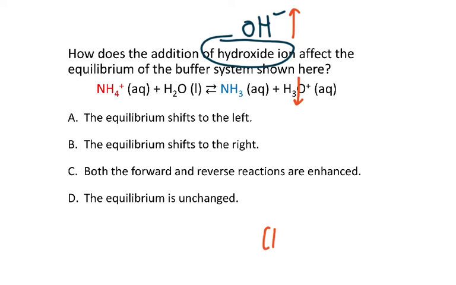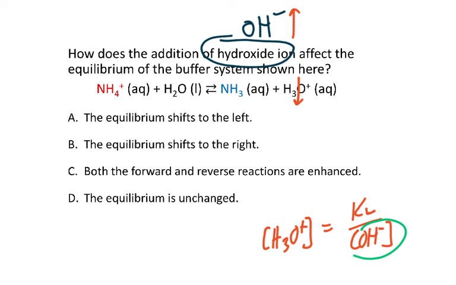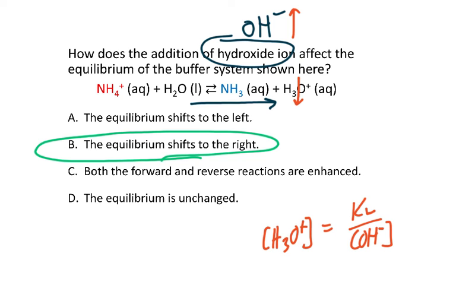If you want to remember this equation, so if OH minus gets bigger, H3O plus gets smaller, which will cause a shift to replace it that way. Yes, so equilibrium shifts to the right.